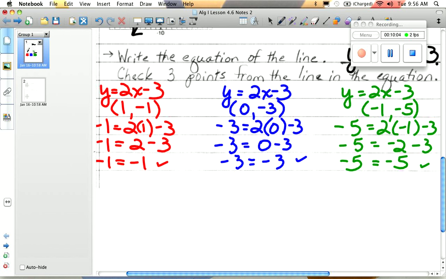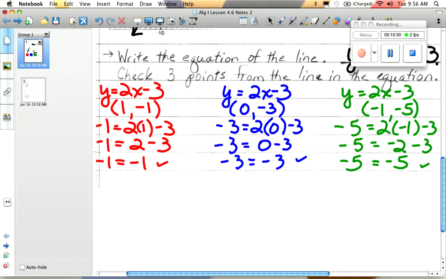Okay, what if you wrote the wrong equation? Your graph might be right, but you still might write the wrong equation. So again, any points on that line also have to make your equation true. If they don't make the equation true, something's wrong. Either your graph is wrong or your equation is wrong. Something's gone wrong in this situation. Any questions?